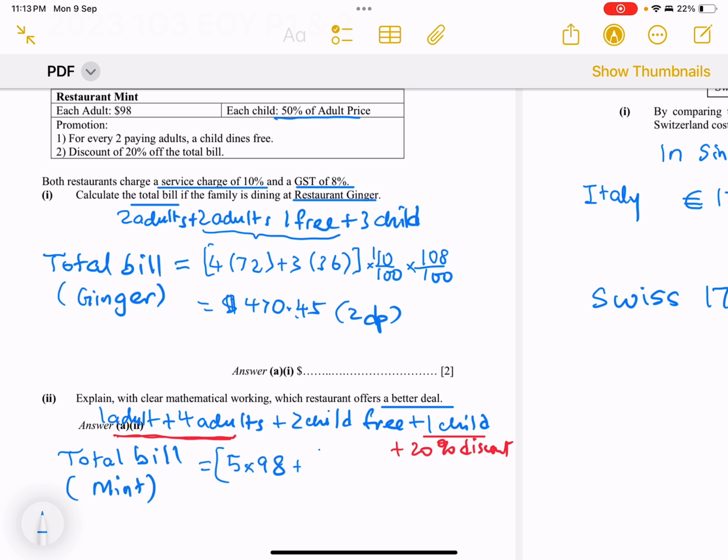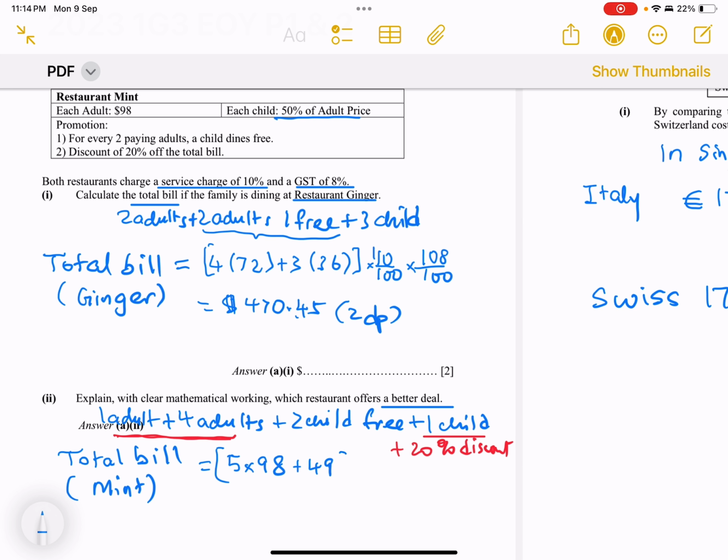50%, 98 divided by 2. So 98 divided by 2 is 49, right?